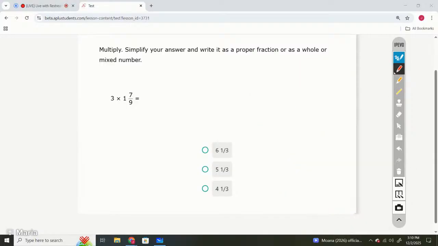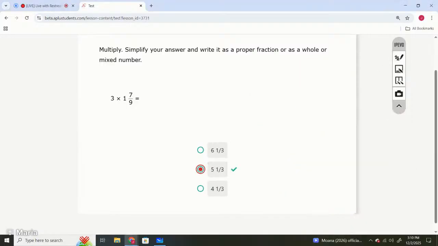Very good. Do you guys have your notebook and pencil? Or are you guys just guessing the answers? Multiply 2 times 4 whole 7 over 8.